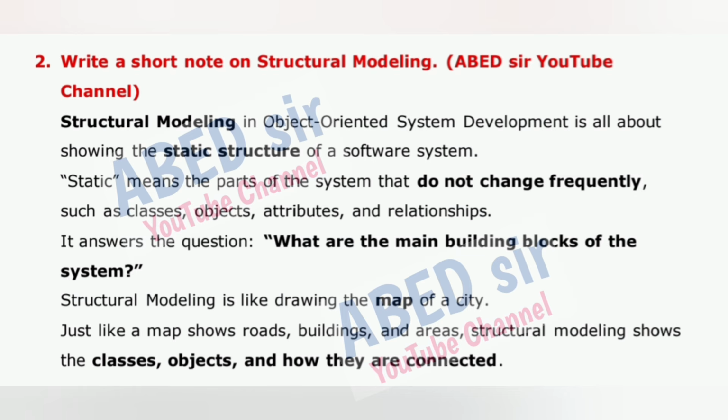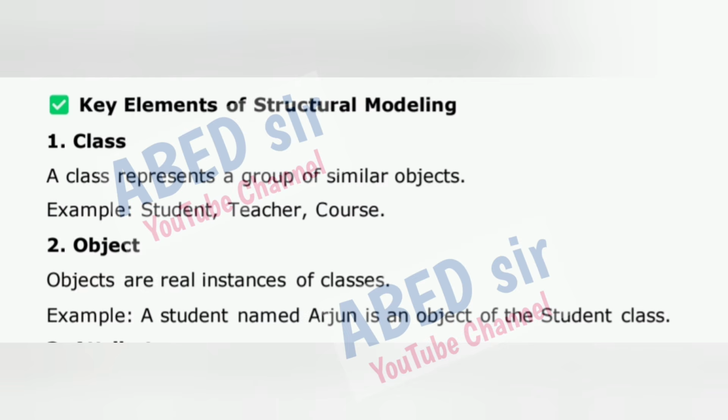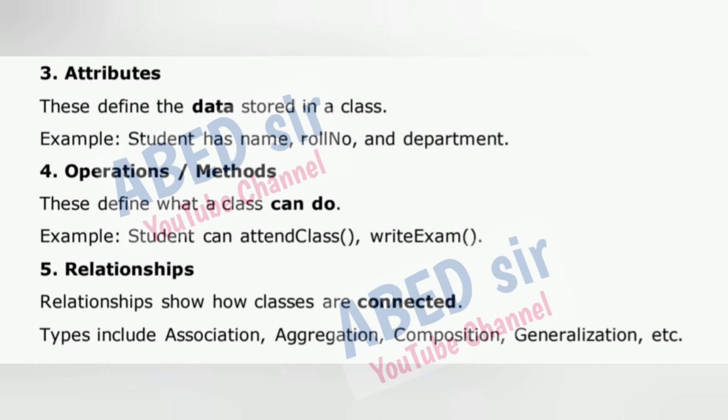Key elements of structural modeling. 1. Class. A class represents a group of similar objects. Example: student, teacher, course. 2. Object. Objects are real instances of classes. Example: a student named Arjun is an object of the student class. 3. Attributes. These define the data stored in a class.